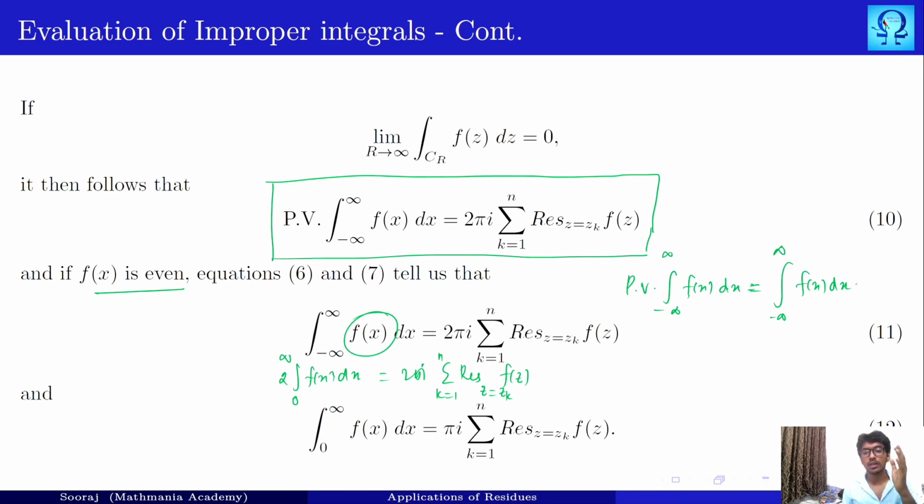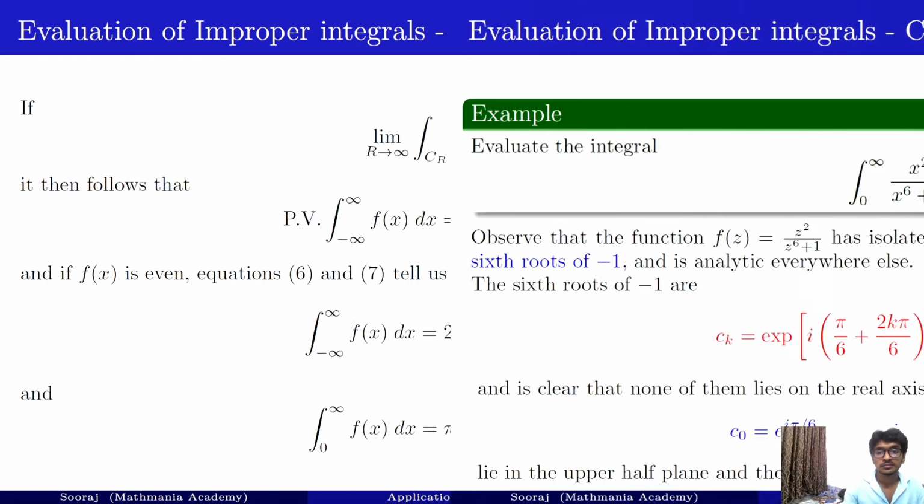With that you can evaluate this integral. It means that when you integrate a real valued function over an infinite interval, you may use complex values along the way. That is one idea that we get from this.